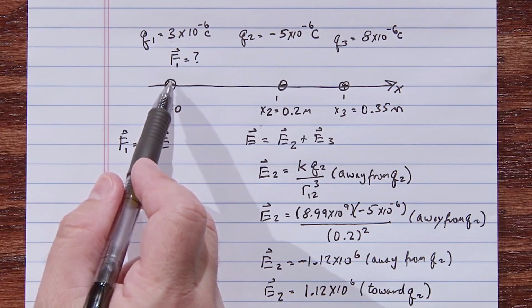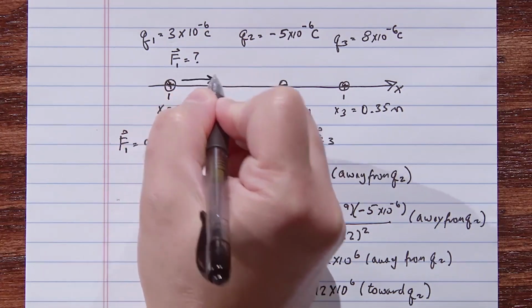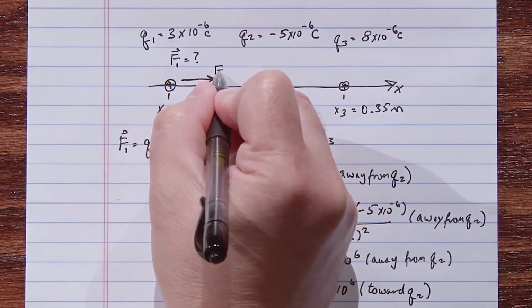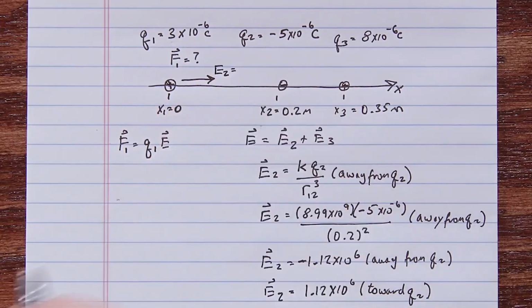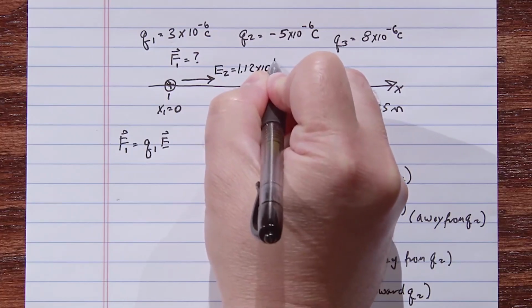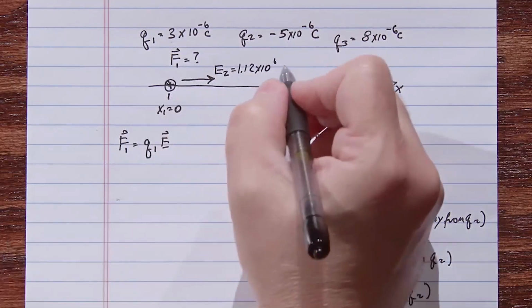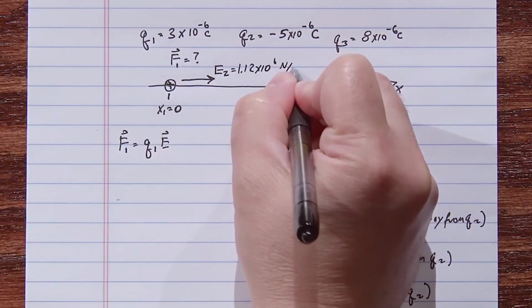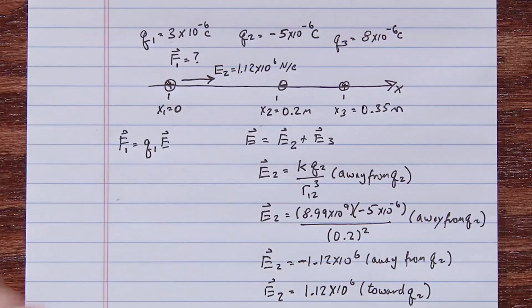So if I go from here towards Q2, I see that the electric field E2 is 1.12 times 10 to the 6 newtons per coulomb, towards Q2, or in the positive x direction.